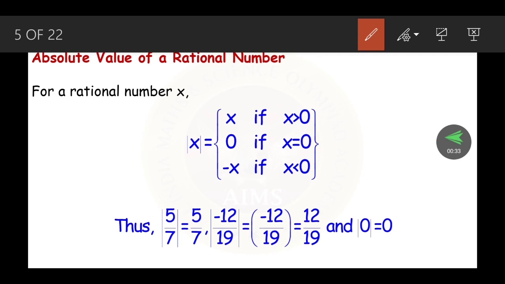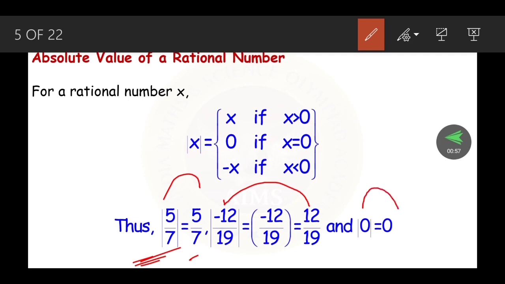So here the absolute value of 5 by 7 will be equal to 5 by 7. The absolute value of minus 12 by 9 is equal to 12 by 9. The absolute value of 0 is equal to 0.